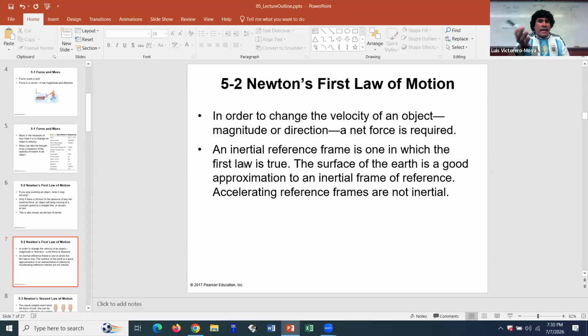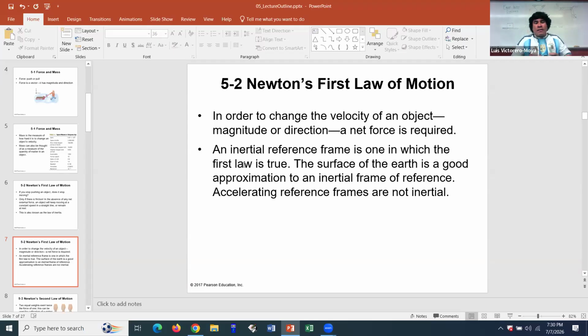And what's gravity? An acceleration. And because of gravity, we have the force of gravity. So that is a force which is making this pen accelerate towards the ground. So Newton's second law is basically F equals ma. F is the net force, m is the mass, a is the acceleration.